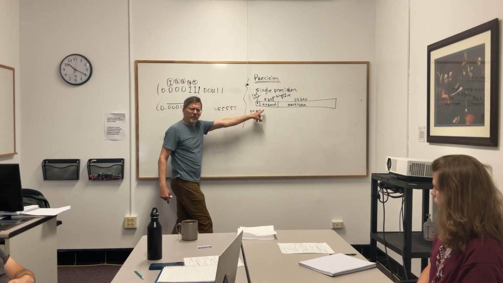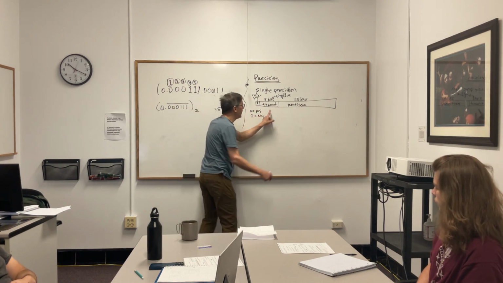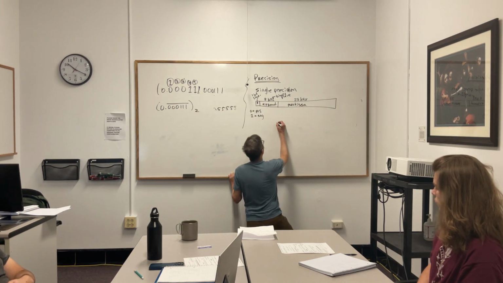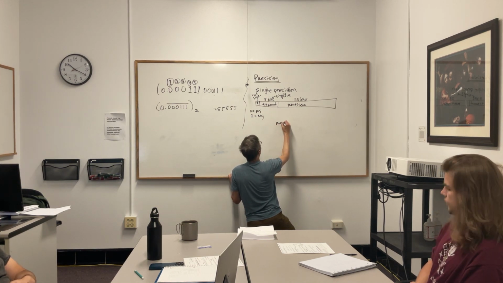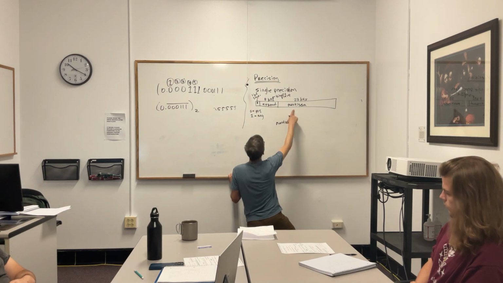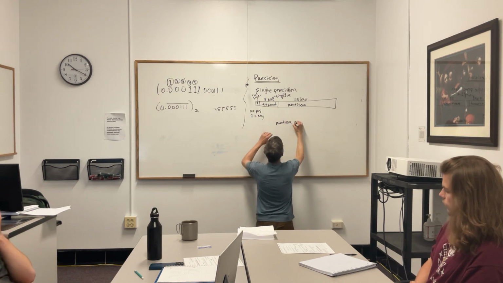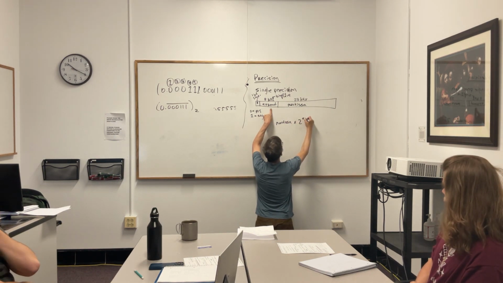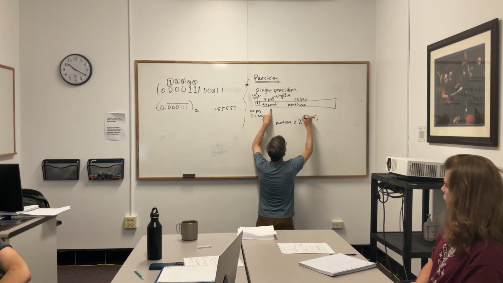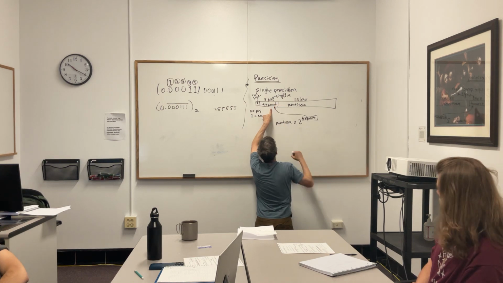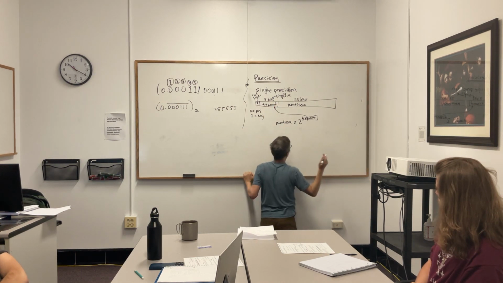Let me explain what this exponent is, because it's kind of weird. This exponent here means that we've got the mantissa, slightly altered, times 2 to the exponent power. So this exponent here is that number there. Think about scientific notation.